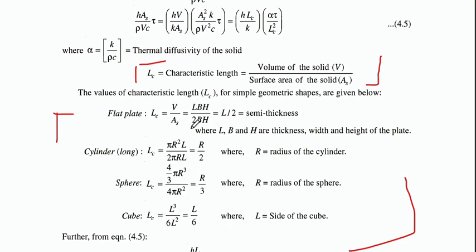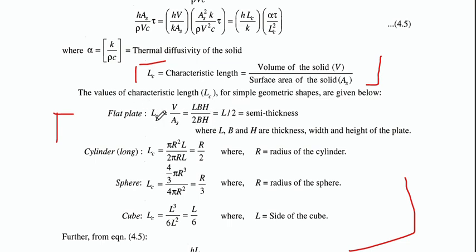The area is not simply breadth into height or length into breadth, it's 2 into breadth into height. The reason for the 2 is that we are considering both sides. So you should always multiply by 2 in the case of a flat plate. The simplified formula is simply L by 2.